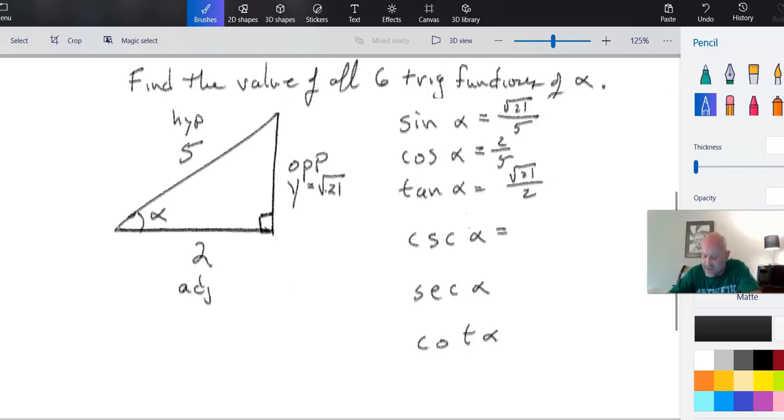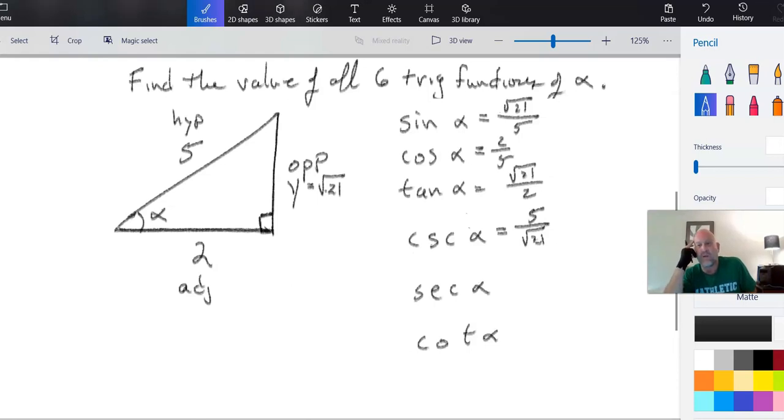Cosecant's the reciprocal of sine, and so you could do hypotenuse over opposite in your head if you wanted to, but we already have sine. It's just going to be 5 over the square root of 21. Now, this is part of the reason we did radical review at the beginning, because we have square roots in the denominators here.